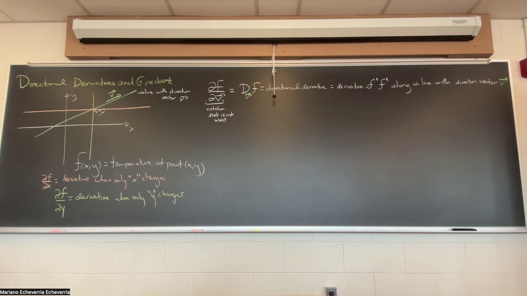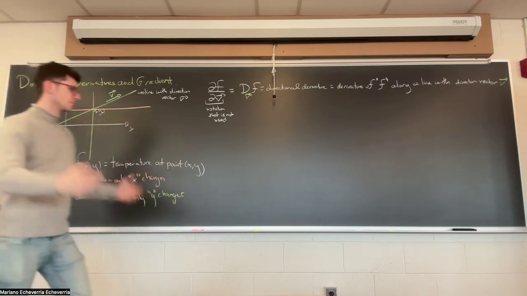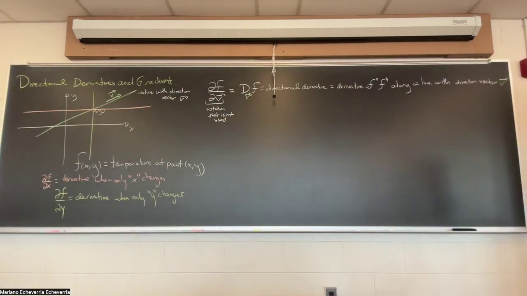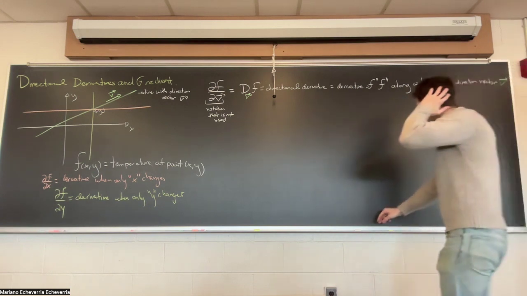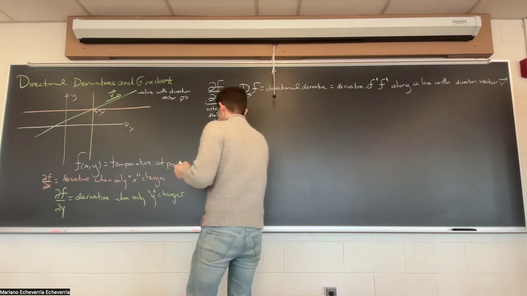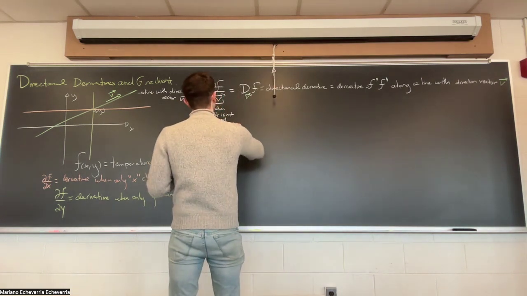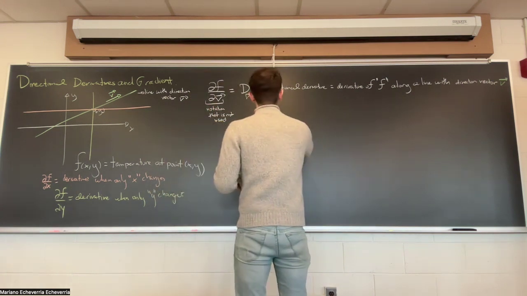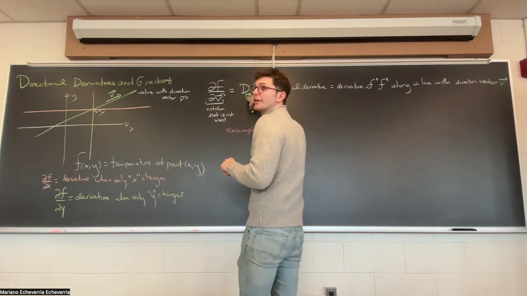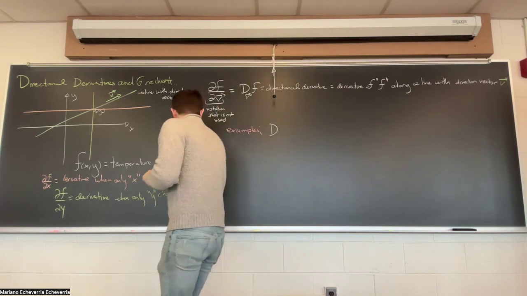Okay, just as a conceptual question, to see if we understand this clearly, here are some quick examples. We already know two of these directional derivatives. What if you take the direction to be the vector i?